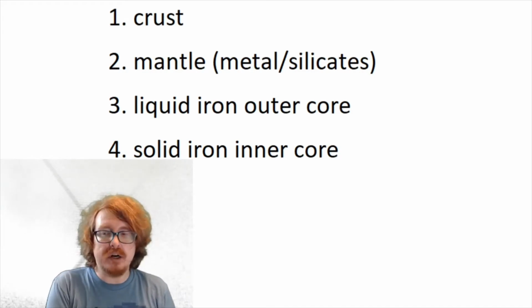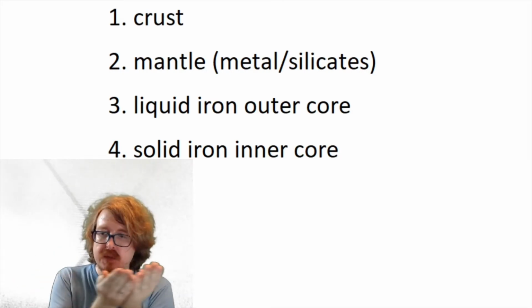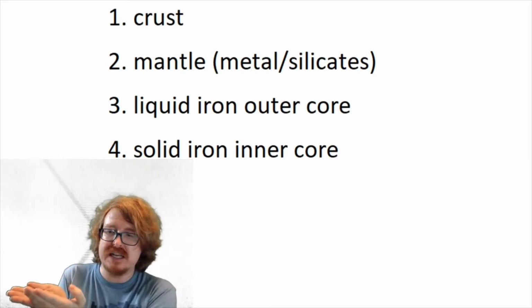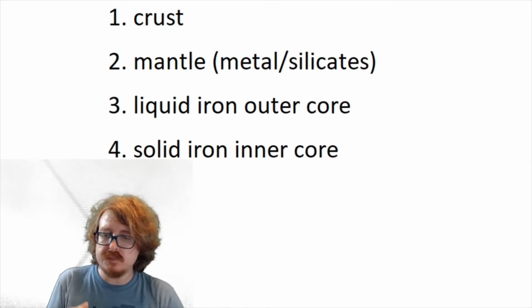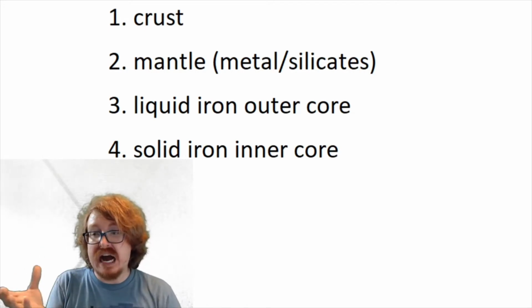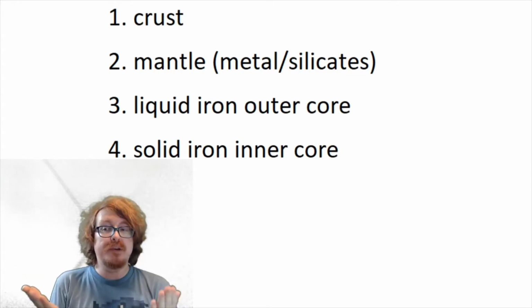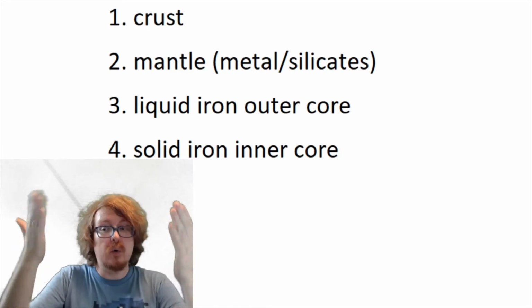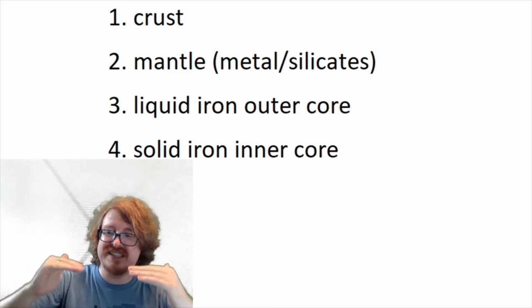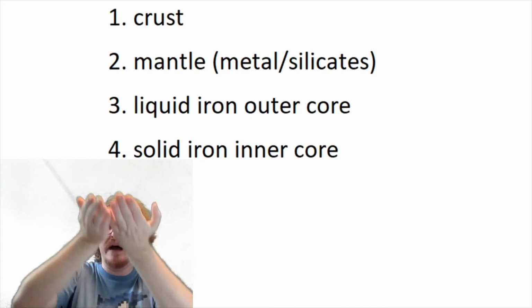And what's heavier, pure iron or regular rocks like silicates? Which one's heavier? Yes, it's the iron. So in that state, when the Earth was still liquid, what happened to all the heavy iron? Well, it started to sink towards the center of the planet, okay? And then the lighter rocky material started to rise towards the top.